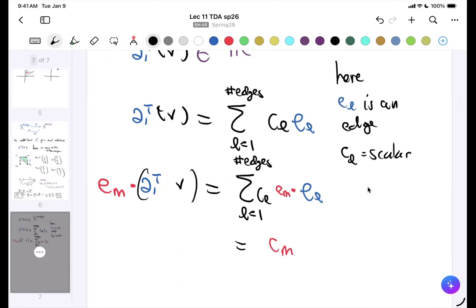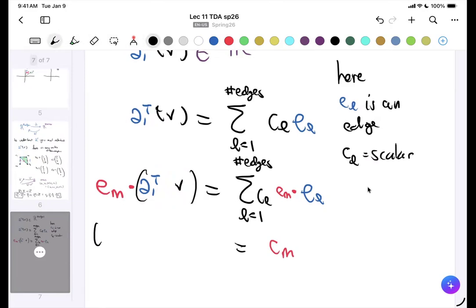If you notice, this matrix is affecting the second factor, but because of the magical property of the transpose, you can move this matrix to the other factor. So you can actually write this as a dot product of the boundary map del1 of the edge Em with the vertex V.